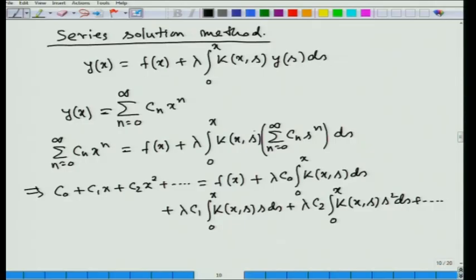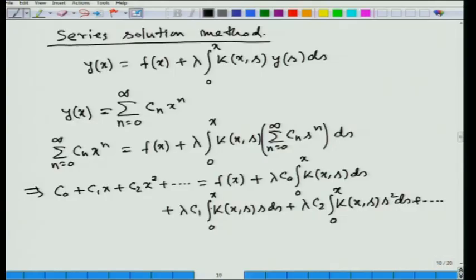Now, using the continuity of this kernel k(x, s) over the square domain 0 to beta cross 0 to beta, we find that the summation and integral sign can be interchanged, and after expanding we will have this type of infinite series consisting of a summation of these integrals.